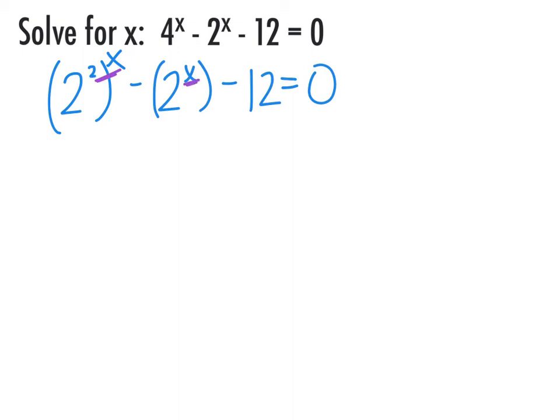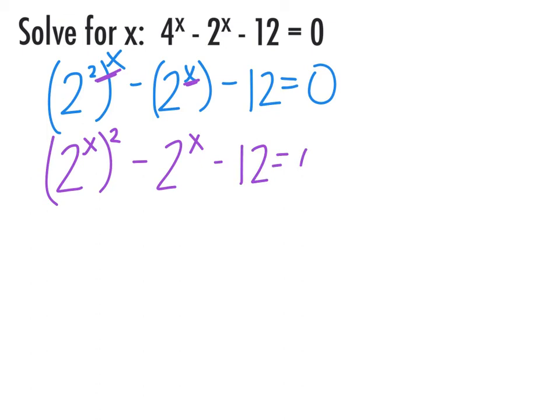I'm going to swap them because if I were to bring 2 to the power of x and x to the power of 2, they both give me 2x. So swapping this doesn't change anything. It's just a way to rewrite it. And the reason I do that is because now I have 2 to the x and 2 to the x.